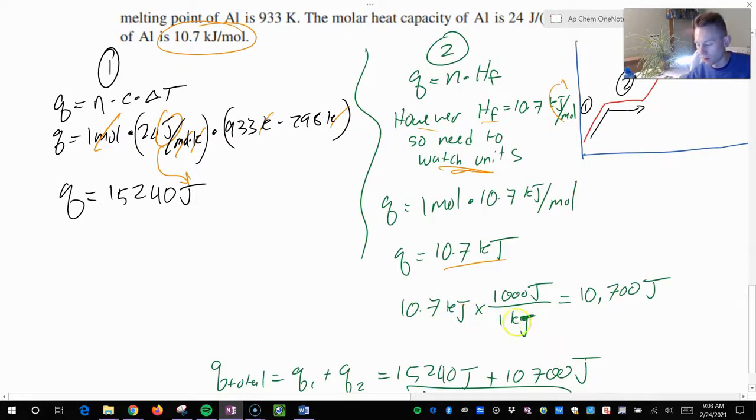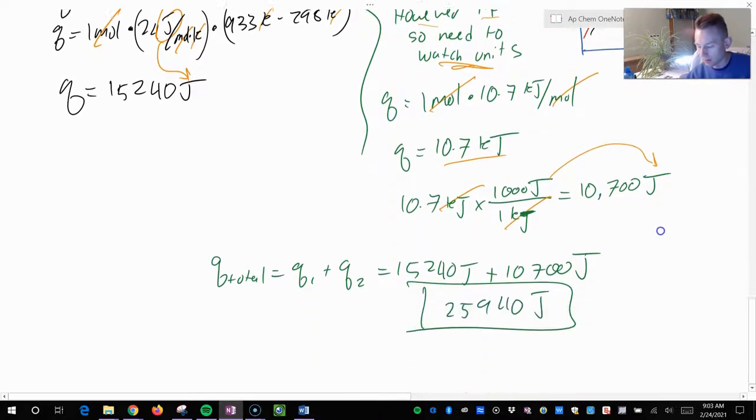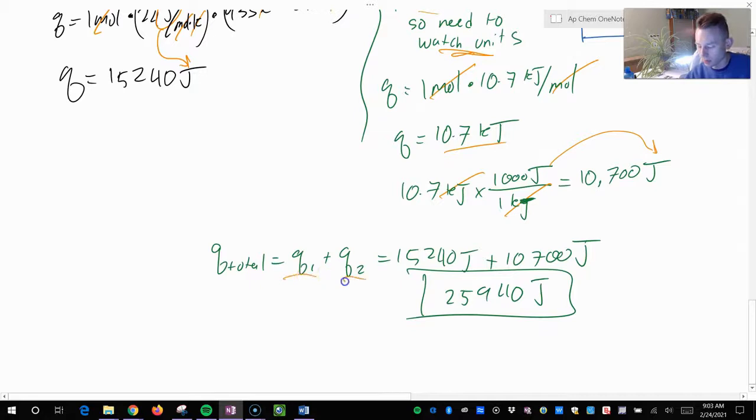So do a quick conversion, so 10.7 kilojoules times 1,000, kilojoules cancel out kilojoules. I guess unit analysis, moles cancel out moles up there. Okay, now back to here. That's how we get our total amount of 10,700 joules for part 2. And then we just add them together, part 1 plus part 2, and we get our total answer of that.